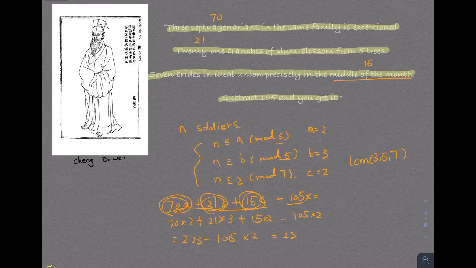Furthermore, Qin Jiushao discovered we can technically solve every set of congruences whose moduli are relatively prime. This means if we write our method in algebraic symbols, we're going to write it like this: a1, a2, a3, and m1, m2, and m3.